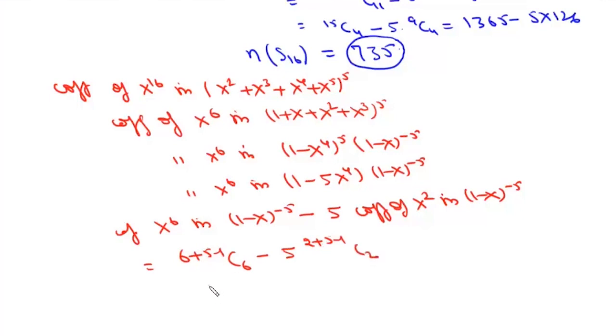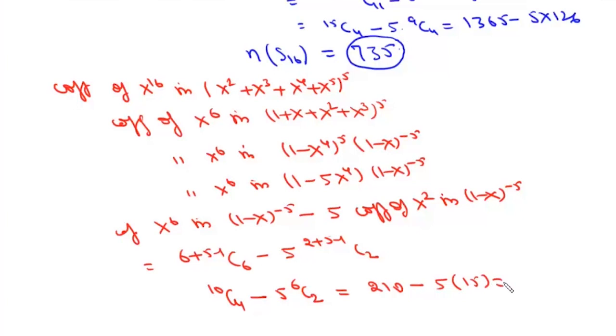Now this is 10C6, which is 10C4, and then minus 5 and here it is 6C2. Now 10C4 is 210 minus 5, and 6C2 is 15.